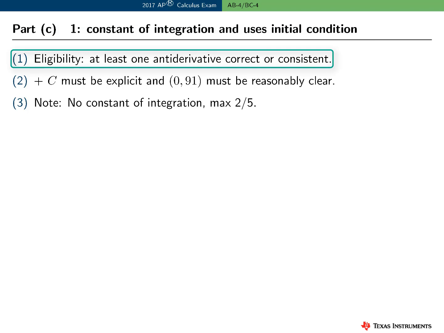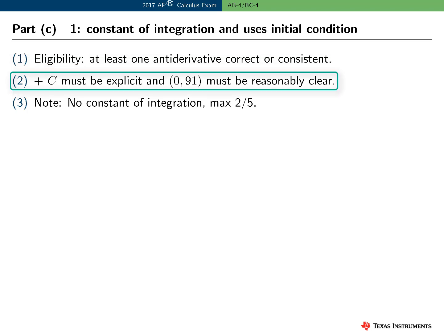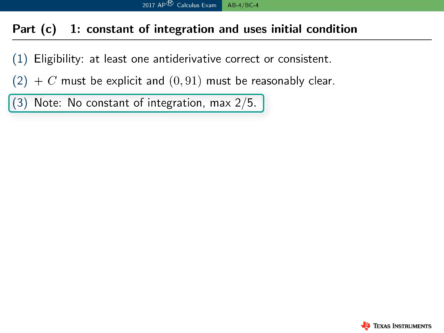There is an eligibility criteria here. The student must have at least one antiderivative correct or consistent. The constant, plus c, must be explicit, and the use of the initial condition must be reasonably clear. And just a reminder, if there is no constant of integration at the appropriate step, the student can earn a maximum of 2 out of the 5 points in this part.